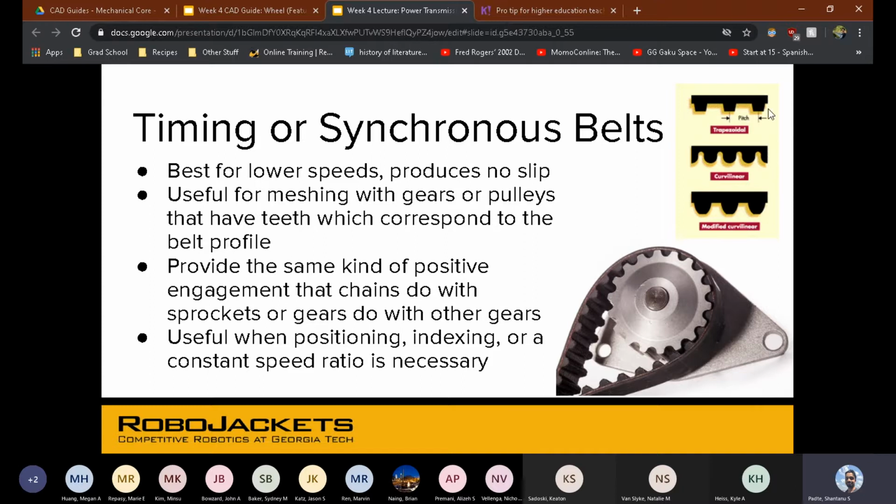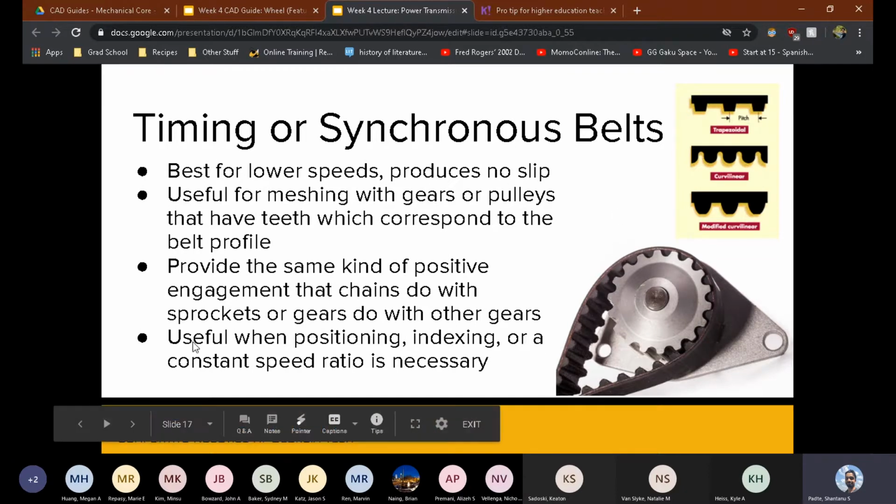Even these belts have a pitch, which is the distance between the teeth. There's trapezoidal teeth, curvilinear teeth, and modified curvilinear. So they provide the same kind of engagement as chains can do with gears, or gears with each other. It's useful when positioning, indexing, or a constant speed ratio is necessary.